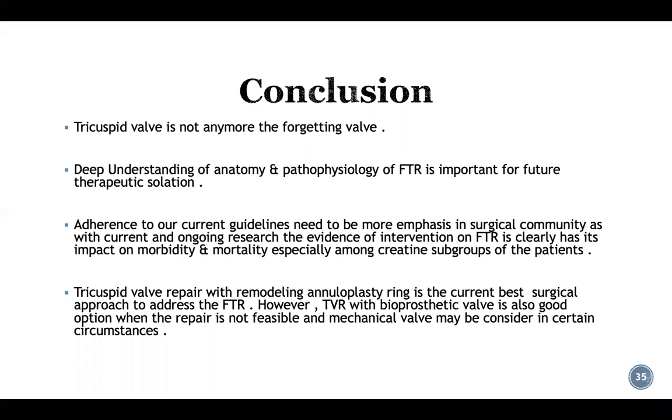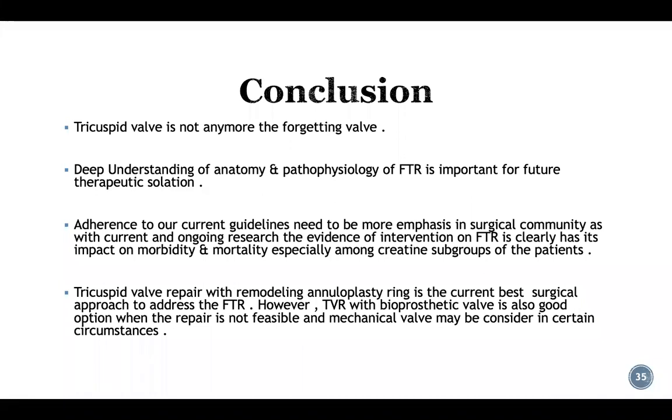Deep understanding of the anatomy and pathophysiology of functional TR is important for future therapeutic solutions. Adherence to our current guidelines needs more emphasis in the surgical community, as with current and ongoing research, the evidence of intervention on functional TR clearly has an impact on morbidity and mortality, especially among certain subgroups of patients, the risk group that I mentioned.